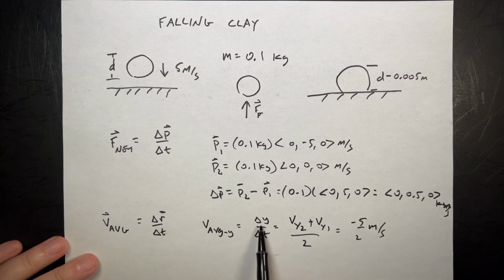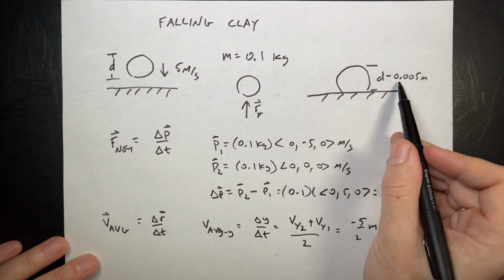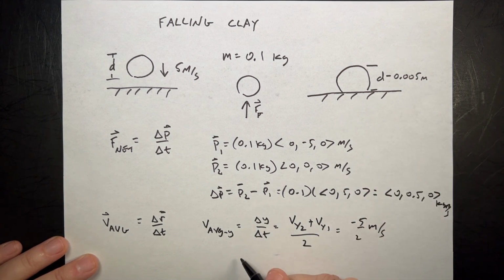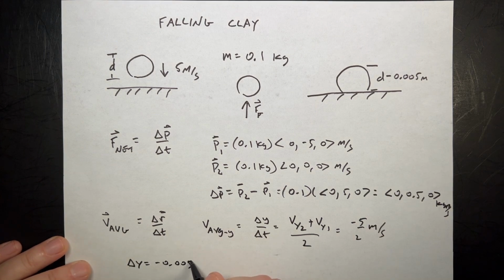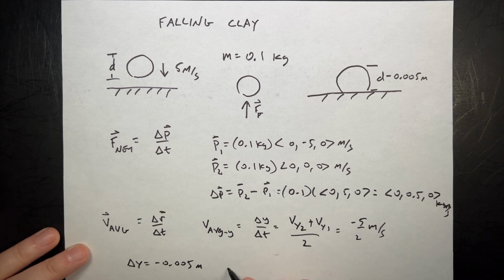I know delta y. I know how far it traveled: -0.005 meters. So now I can actually solve for delta t. Delta t is going to be equal to delta y times 2 over Vy2 plus Vy1.